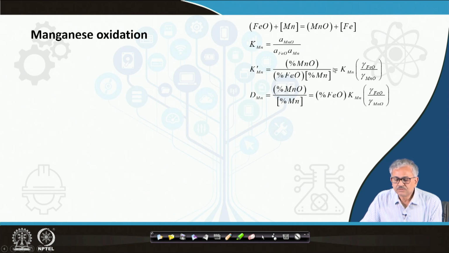And then this is equal to, you can simply write again the Kmn into, and here if you can take that, you can correlate with the equilibrium constant and the activity coefficient relationship, because the activity of FeO you can write mole fraction of FeO into gamma FeO, and activity of MnO also mole fraction of MnO into gamma MnO, like that.